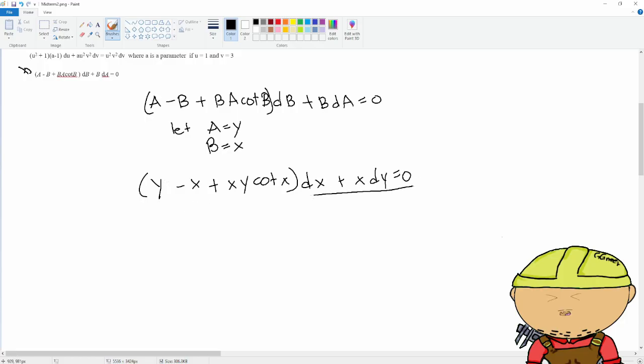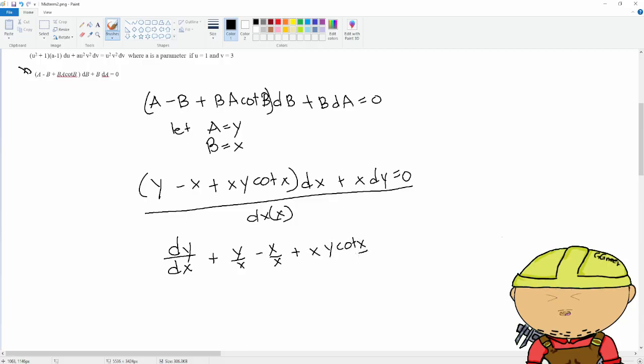So if we divide this equation by dx and x, we will be having dy over dx plus y over x minus x over x plus y cotangent x is equal to 0. Right? So for our linear form, we already have dy over dx.